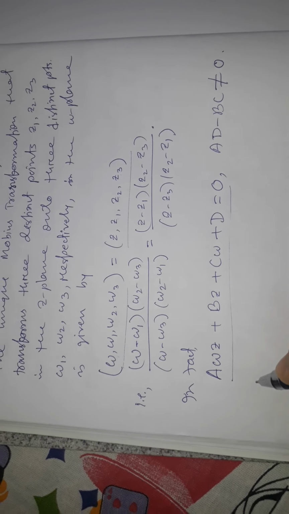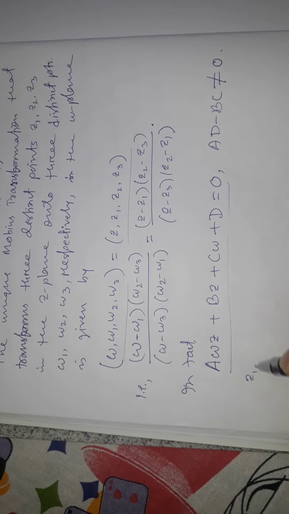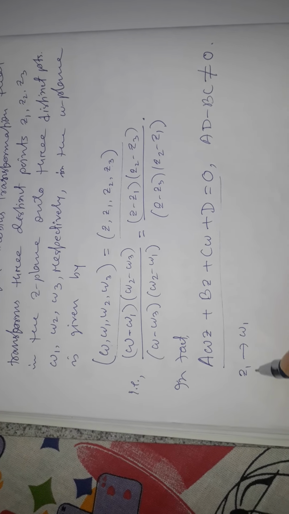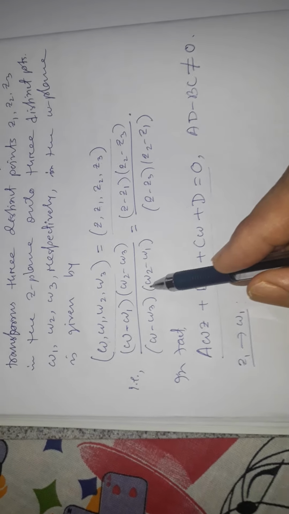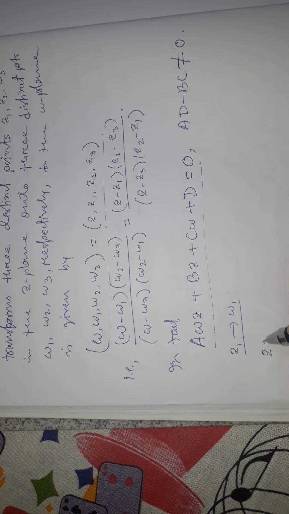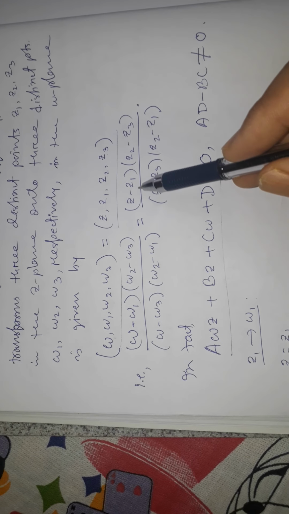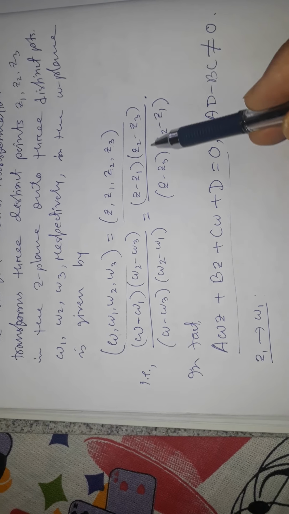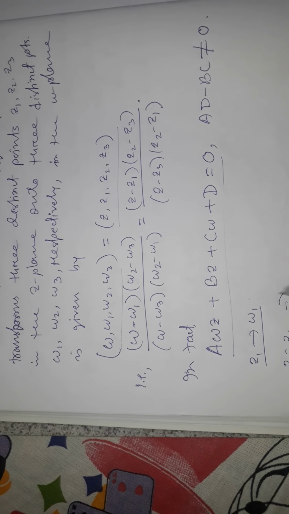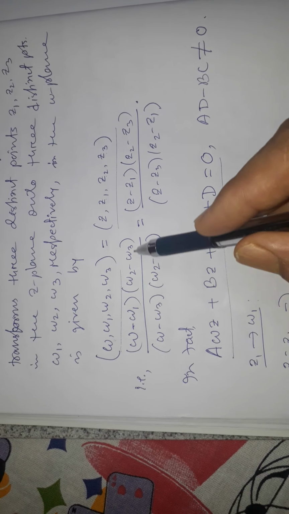Right. Now we will show that z1 goes to w1. So here, if I put z equal to z1, then on the right hand side you will see that this is 0, so your numerator will be 0.